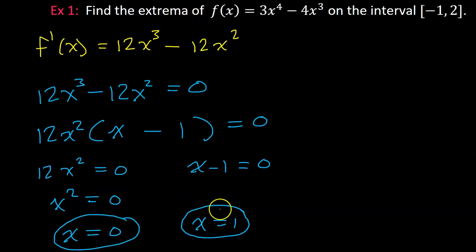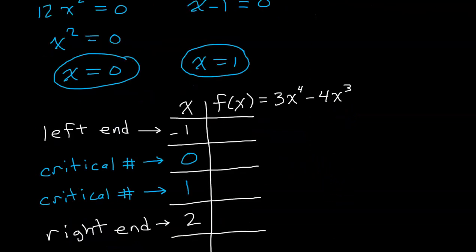Since the extrema can only occur at critical numbers or endpoints, all we have to do is evaluate the original function at these four numbers, and that will give us the extrema, because the highest value will be the maximum and the lowest value will be the minimum. Make sure you are using the original function for this, not the derivative.